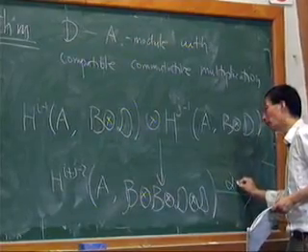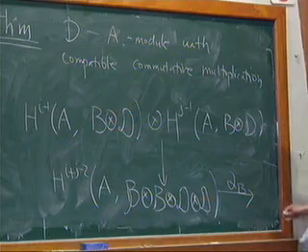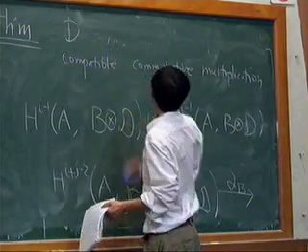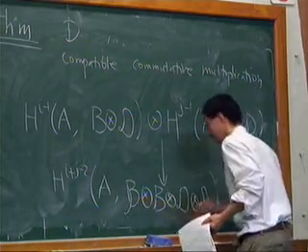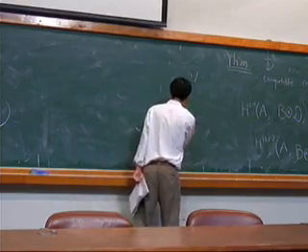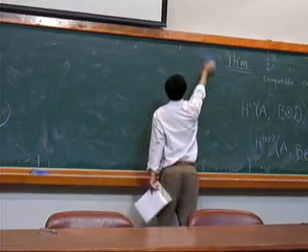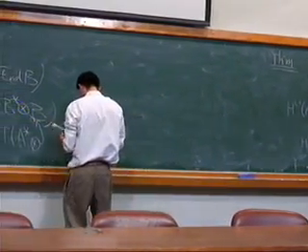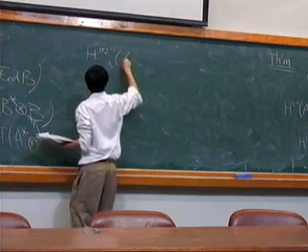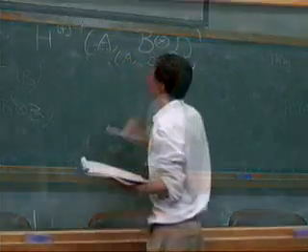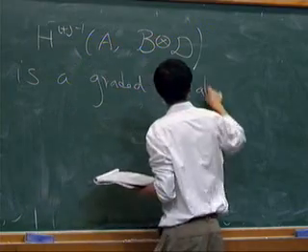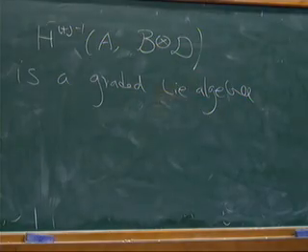So you cup with alpha b over here, and here you take the multiplication, and then you end up with degree i plus j minus 1 in A and B, so D. And this is, in fact, a graded Lie algebra.